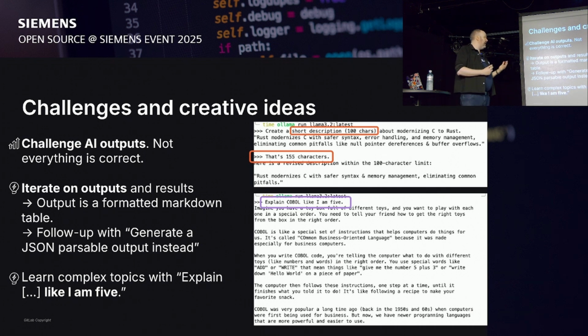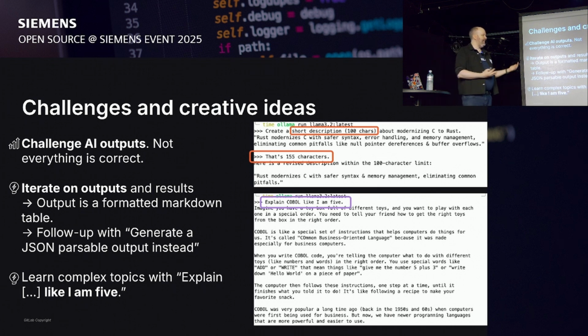You can also iterate on output. Sometimes it generates a markdown table for me and I actually want a JSON. Just make it a conversation and refine it. The last thing I found out was "explain it like I'm 5". It works pretty well to understand complex technology.